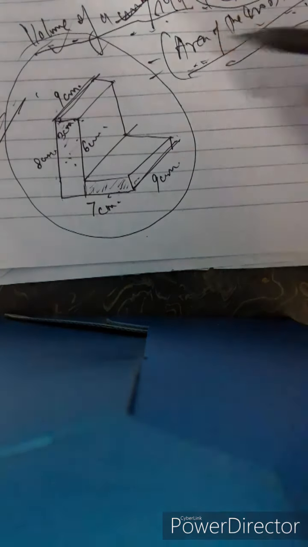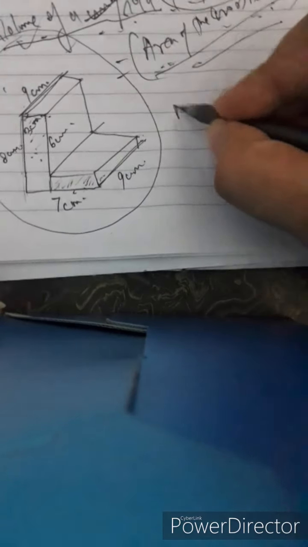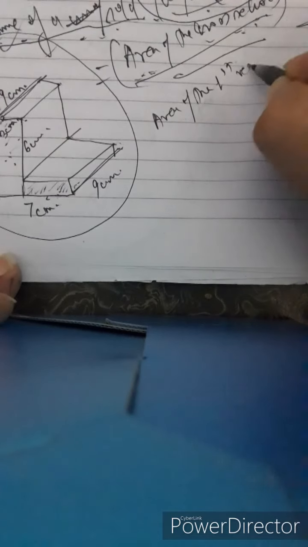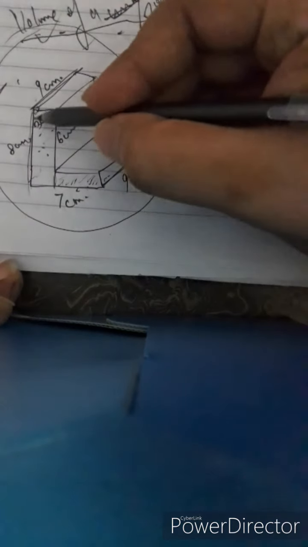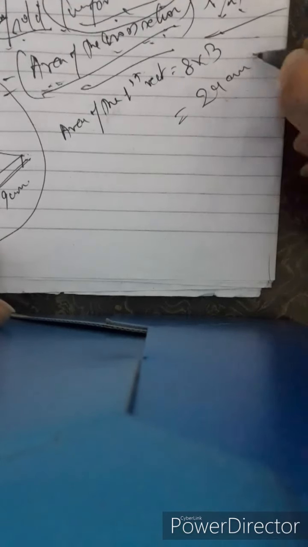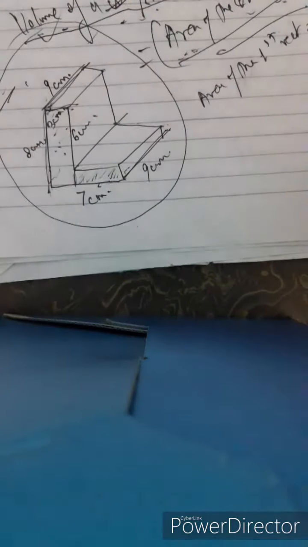What is the area of the first rectangle? Length into breadth, 8 into 3, 24 centimeters square.